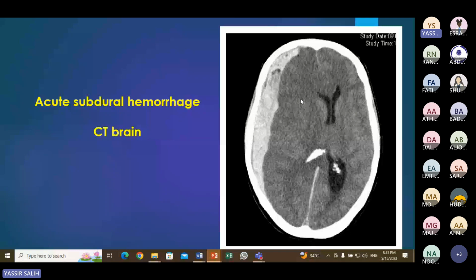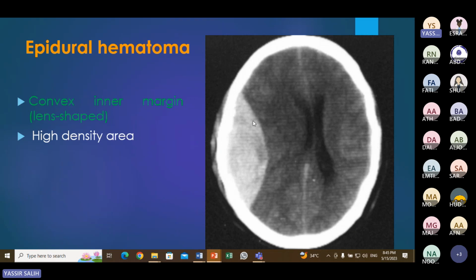Acute, chronic or subacute? Acute. Acute blood is hyperdense, white. So this is acute subdural hematoma or hemorrhage. Why did we say subdural? Why not epidural? Concave inner margin. Yes, the inner margin is concave, eccentric in shape, whereas the epidural is lenticular in shape, like a lentil.